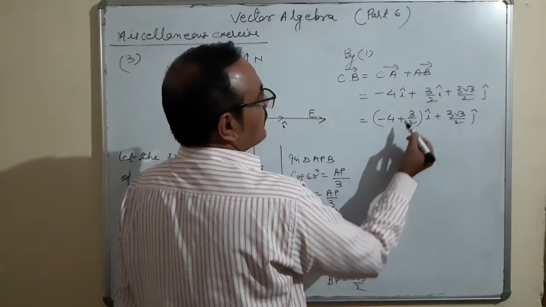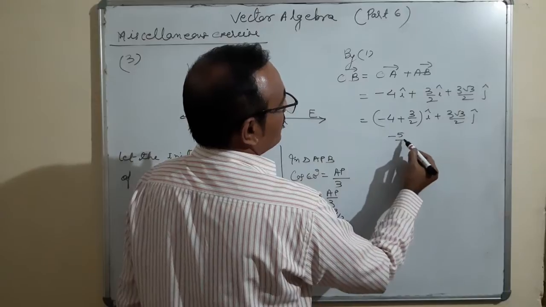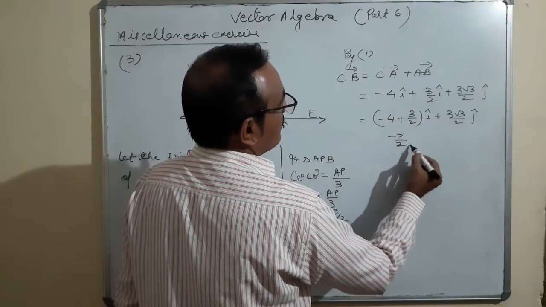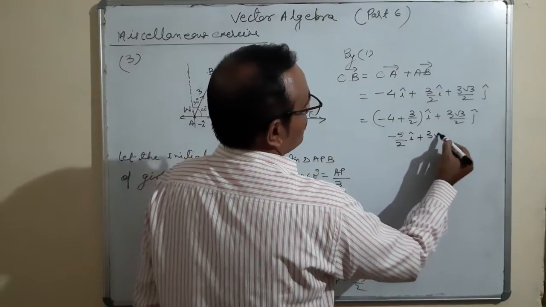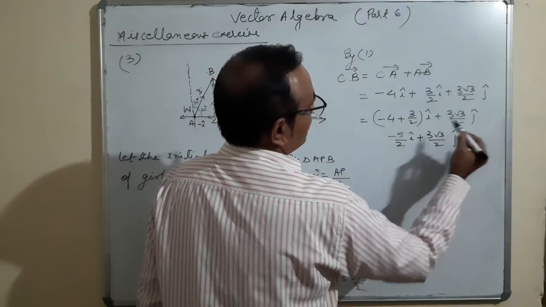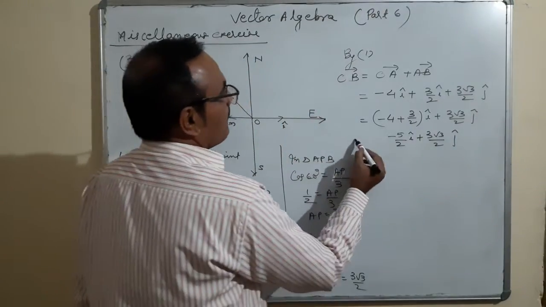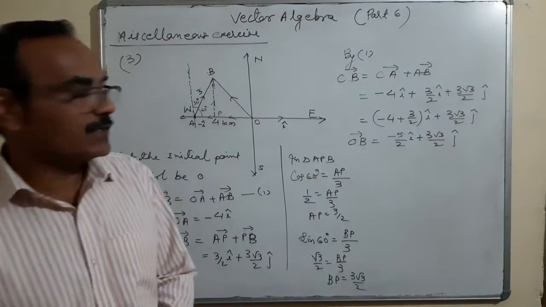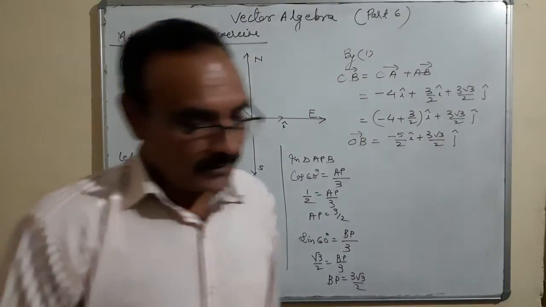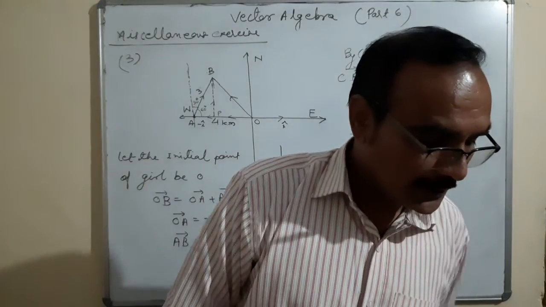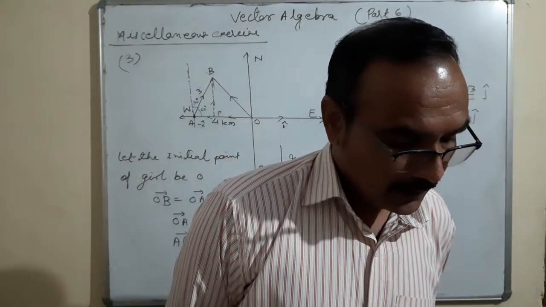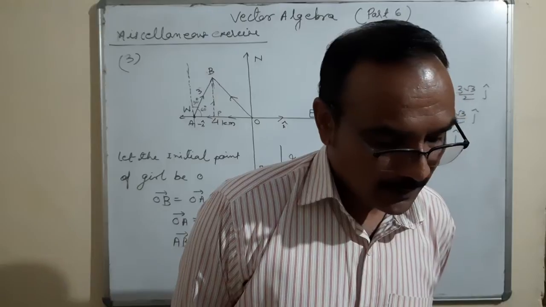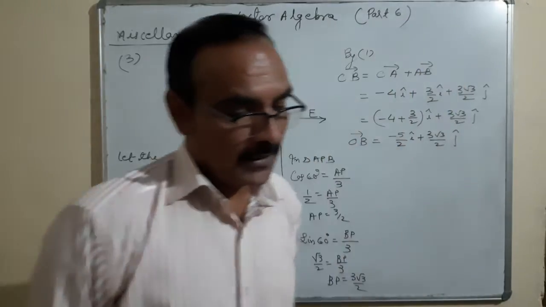So minus 8 plus 3, it is minus 5 by 2 i plus 3 root 3 by 2 j. Is it okay? So vector OB is equal to minus 5 by 2 i plus 3 root 3 by 2 j. They are asking for the displacement, so this is the displacement. Determine the girl's displacement from initial point to departure.